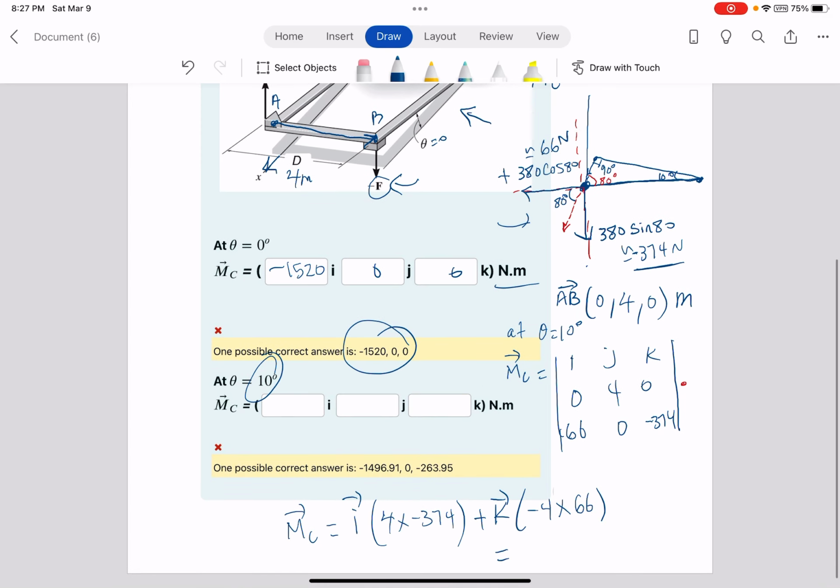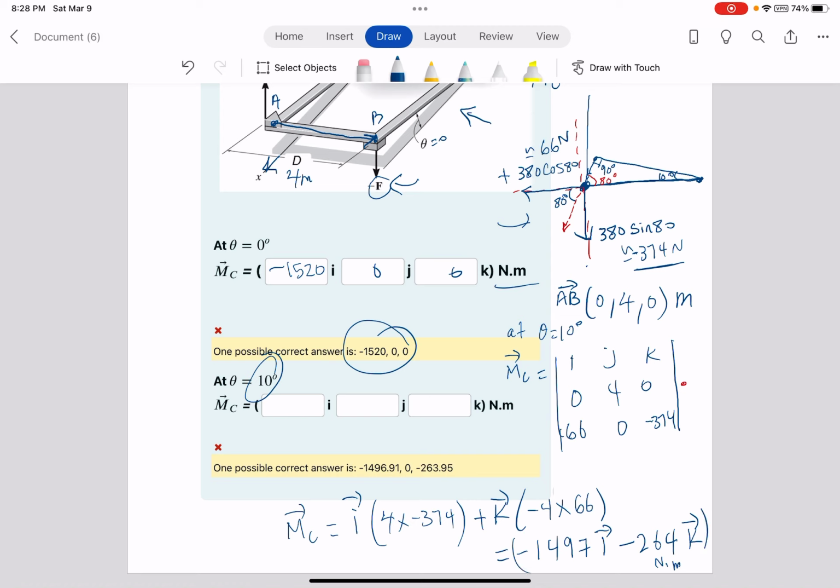So 374 times 4 is minus 1497 in the I, and minus 66 times 4 is minus 264 K. You have to put the units here, Newton meter.